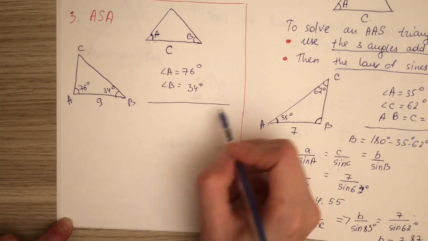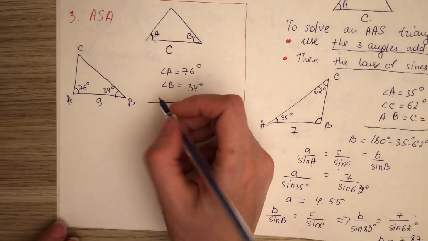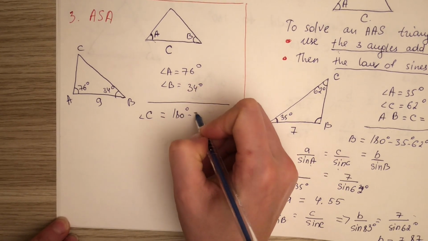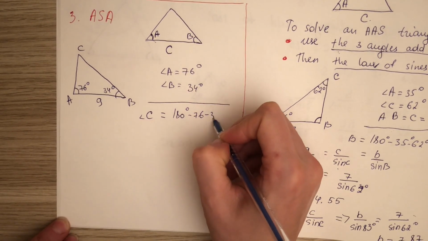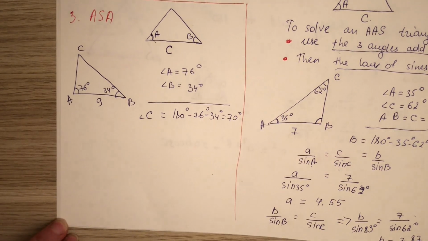Firstly we should find C. So C is equal to 70 degrees.